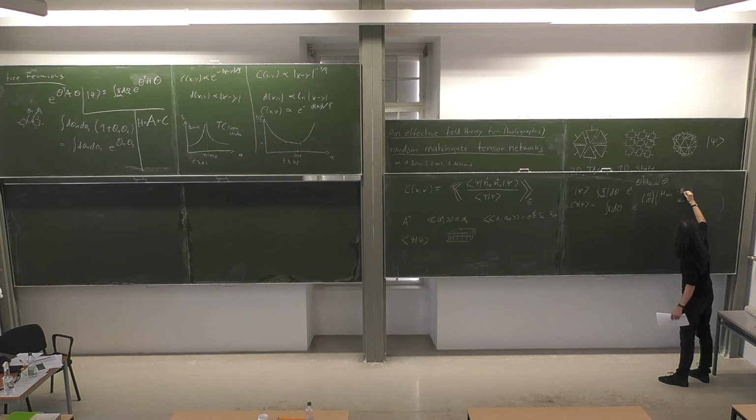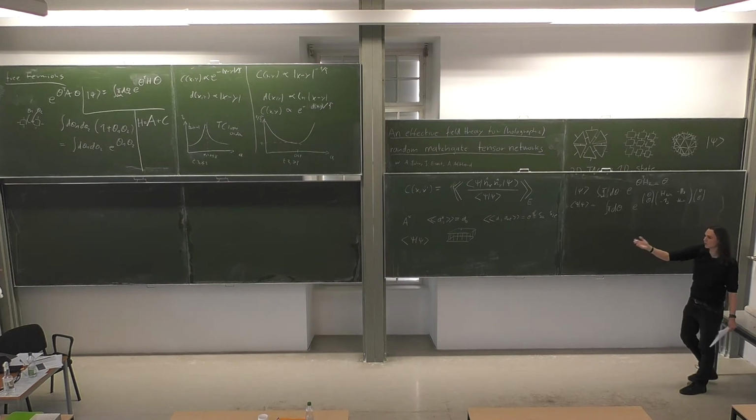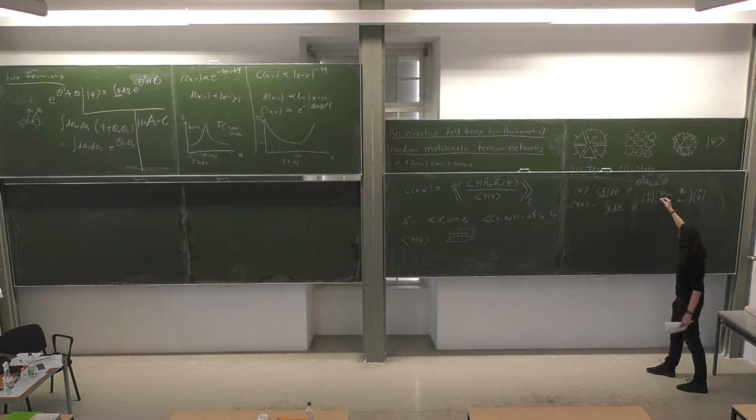So this is just an identity matrix at the boundary, and the -1 here comes from reversing the order of the bra versus the ket layer when we're dealing with fermions.